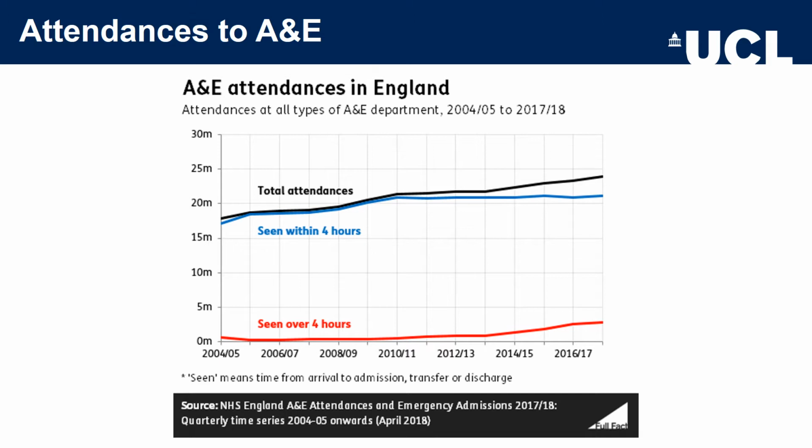Now you'll notice that patients who were seen within 4 hours has plateaued since about 2010, and those patients who were seen over 4 hours have steadily started to rise again. And I think this reflects twofold. There's an increase in patients using emergency departments inappropriately, such as an alternative to their GP, or attending the emergency room for minor injuries.